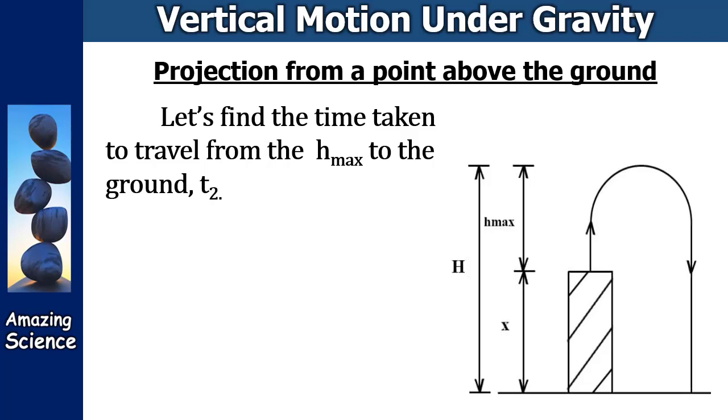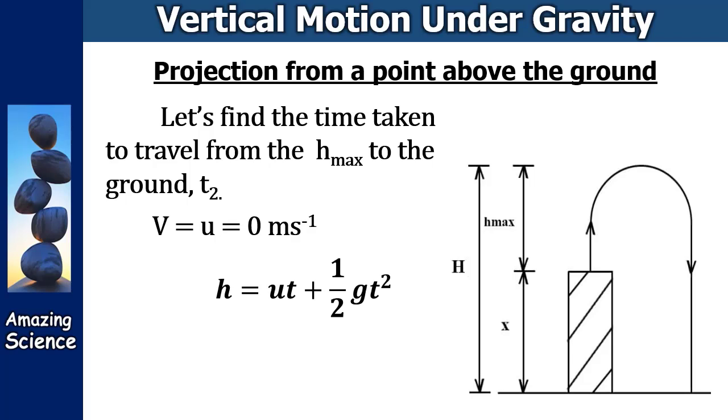Here we have to be quick to observe that as it falls back, the final velocity at the maximum height, which is equal to 0, will become the initial velocity as the body falls back to the ground. And so the final velocity is equal to the initial velocity, and both of them are 0 meters per second. So from h is equal to ut plus half gt squared, we can write that capital H is equal to 0 plus half gt squared, because the u is 0.